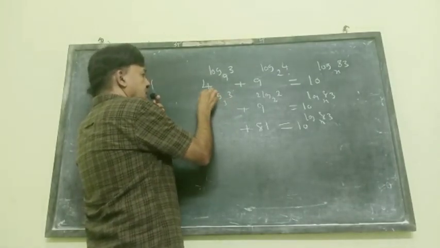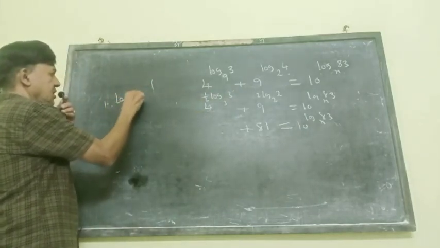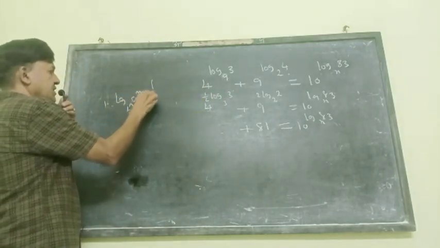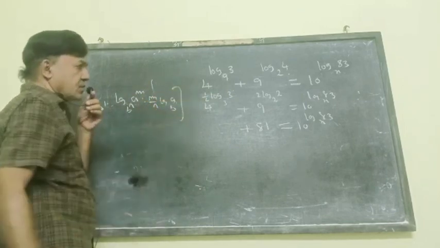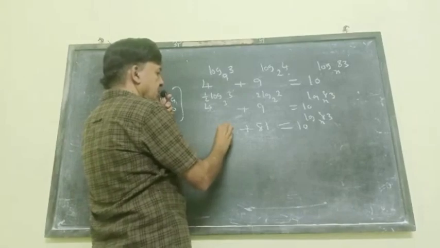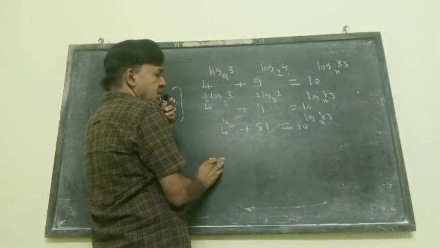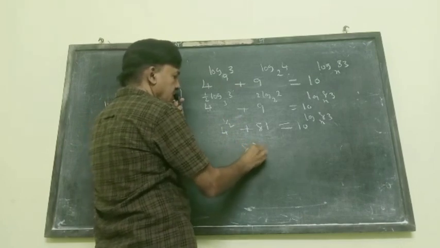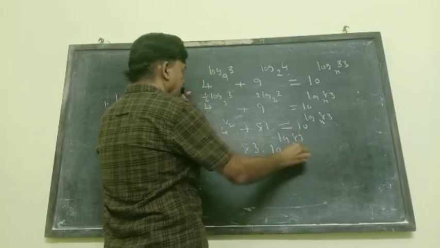Then this 1 by 2 can be taken outside because the result is log a power m to base b power n is m by n log a to base b. So this will become 4 power 1 by 2. 4 power 1 by 2 is what? 2. So 83 is equal to 10 power log 83 to base x.